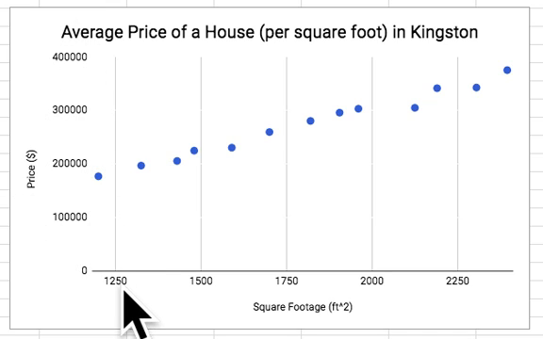So a house that is approximately 1,250 square feet will cost you probably a shade under $200,000, which is reasonable, but 1,250 square feet isn't all that big. If you wanted to, I could add in some grid lines.